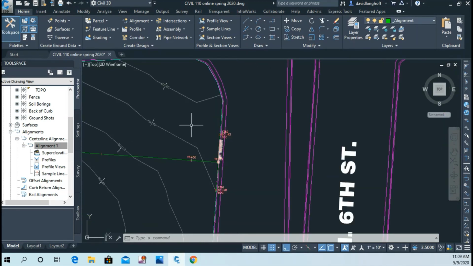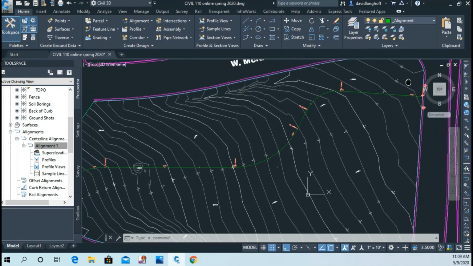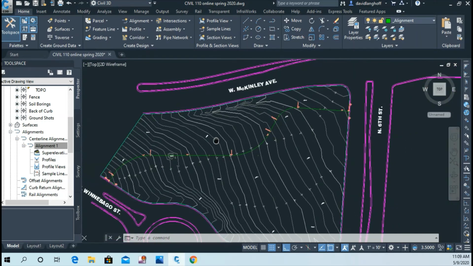Now I want to take a minute to look at some information about the alignment. By the way, notice over here that in our tool space area, we see evidence of that alignment, alignment number 1, I called it.